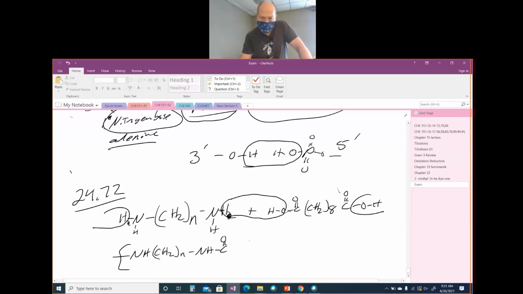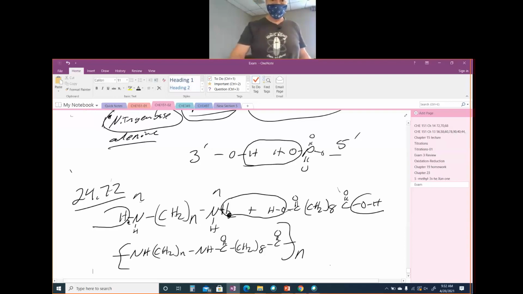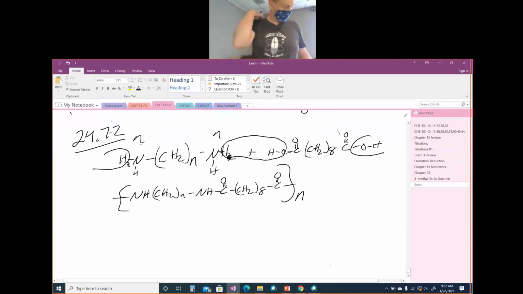We are forming the amide functional group. CH2 sub 8, C double bond O. And so we have a large number of these. We find a polyamide. All right. So the question is, what is the value for N?